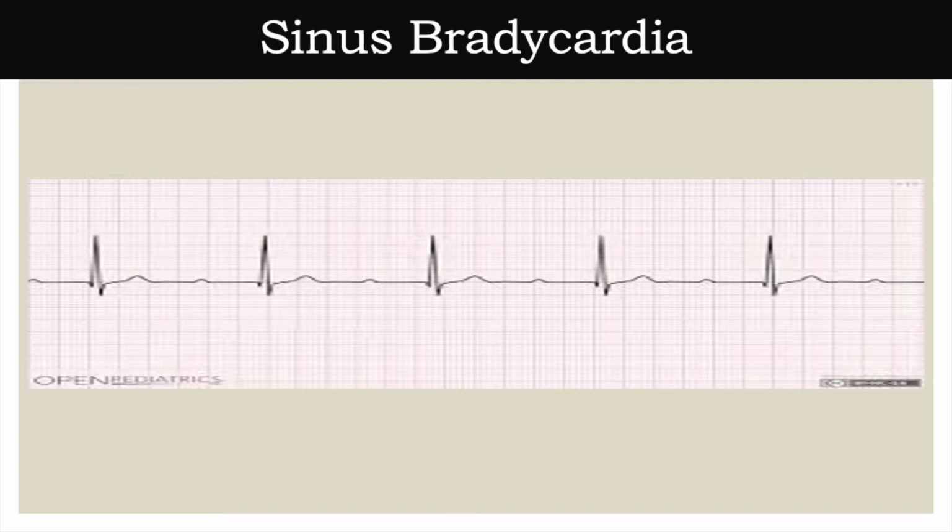Now, if the patient does come out with a heart rate of 50 and then they're also fatigued, have shortness of breath, they're telling you that their chest hurts, things like that, then we do have to intervene. So what we do is that we put these patients on a cardiac monitor and we find out what is happening. So for example, if our patient is on beta blockers, what we're going to do is stop the beta blockers.